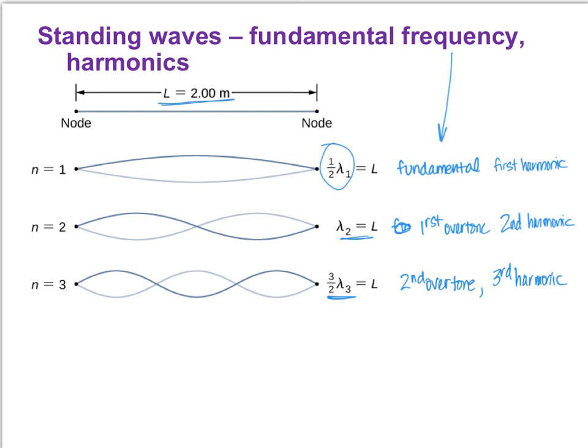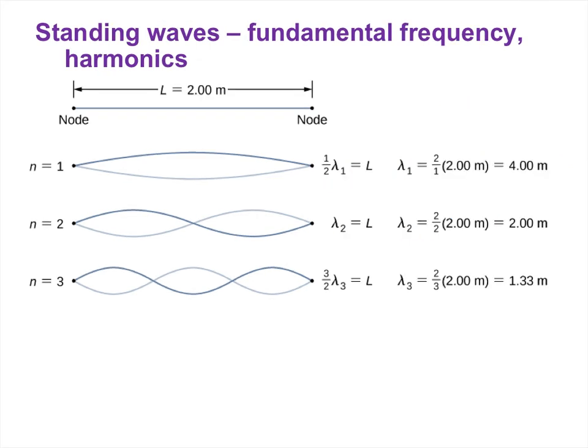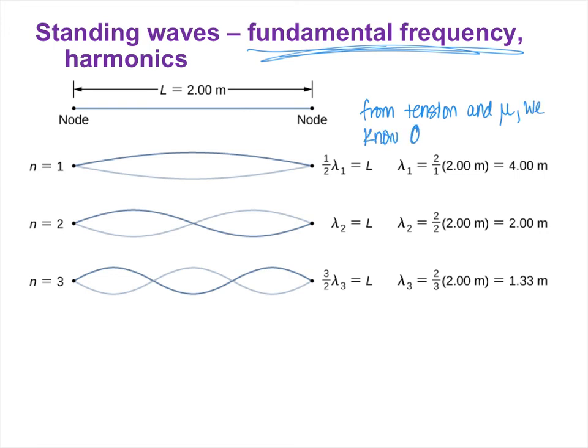Okay, let's remember more information. Here they found the wavelengths, and I did say that these correspond to the frequencies. From the tension and mu, we know the velocity of the wave.